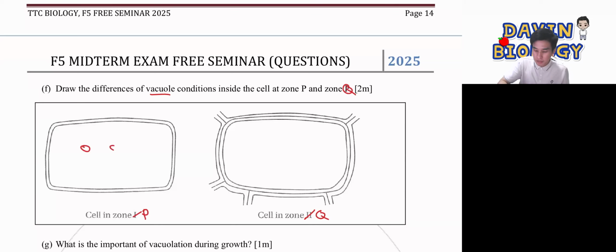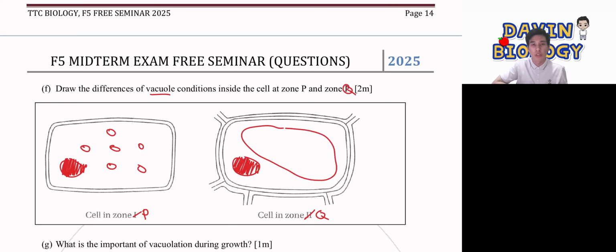They come in numbers, so there are many small ones you can draw, and then the nucleus, just add it in. In zone Q, as they elongate already, all these vacuoles will merge to form a large vacuole. So you can just draw like that. The vacuole is the key thing you have to show, of course.